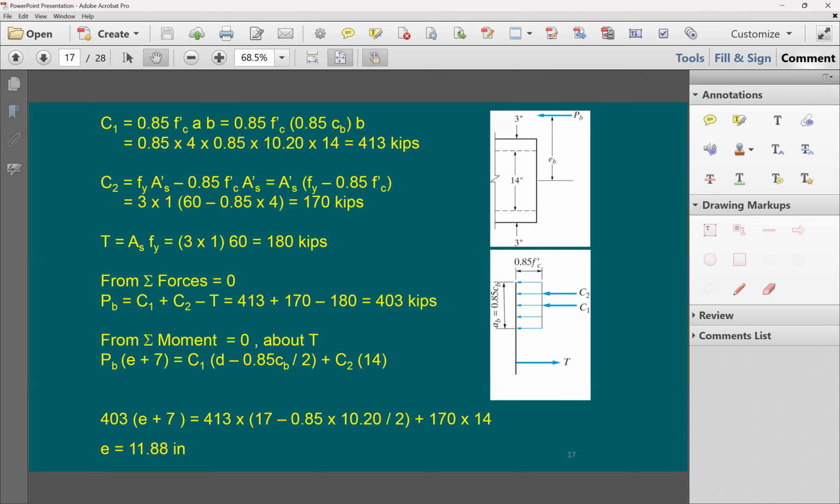This point is going to be when you have pure tension. Do we have an equation for it? Yeah, and the equation is simple. You can say phi Tn equals the phi factor, the 0.9, times Fy. That's it. Phi Tn is going to be the tensile strength. The interaction diagram is going to be this point here.